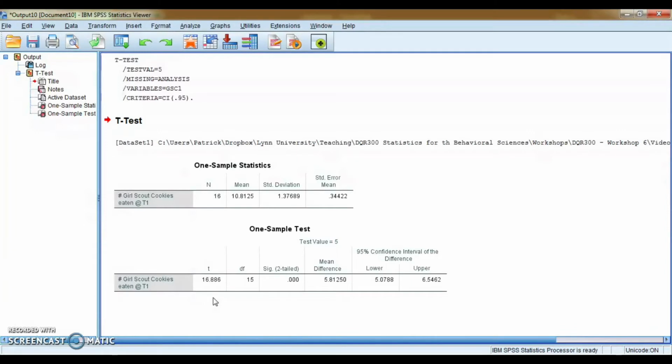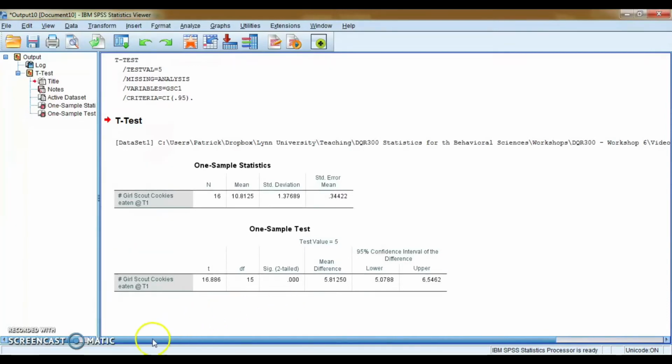The degrees of freedom is 15, and the significance is 0.000. So what that means is that, yes, because that p-value is under 0.05, the alpha that we set, there is a significant difference between our sample and the population mean. That's basically it for SPSS there.